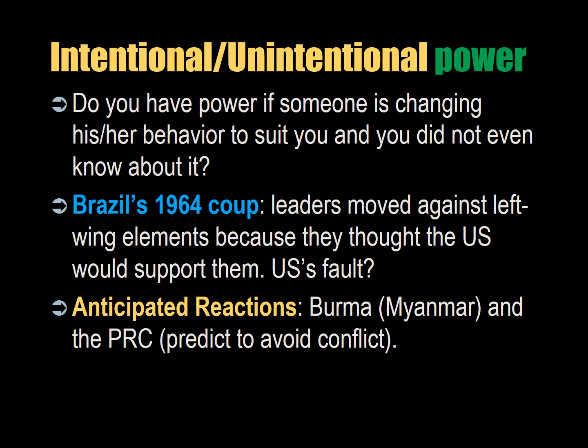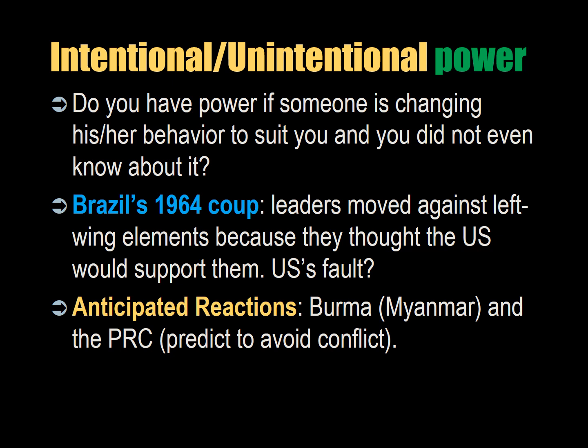So, in the 1960s, they were sympathetic with the US's anti-communist position. So Brazil's military thought, the US, which is an anti-communist power, is going to support our coup. And so the military then conducted a coup and displaced the civilian government in Brazil.